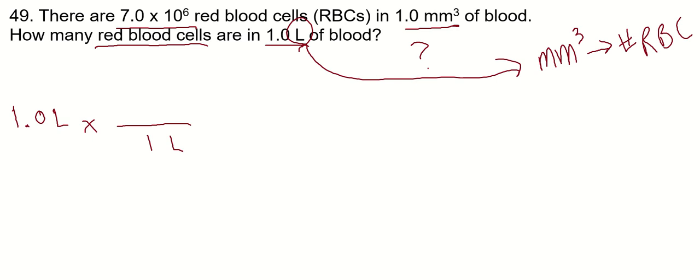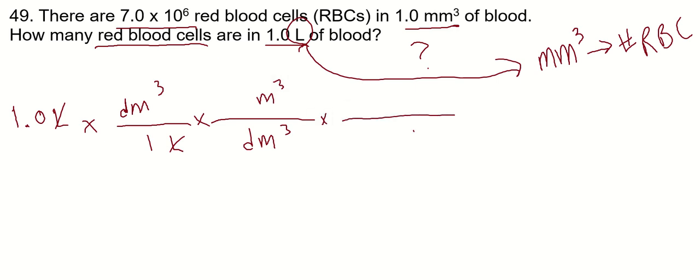So if you remember that 1 liter is equal to a cubic decimeter, that might do it. Then we can cancel out the liters, and then we can take the cubic decimeters to cubic meters, and then I know there's a faster way than this, cubic meters to cubic millimeters.